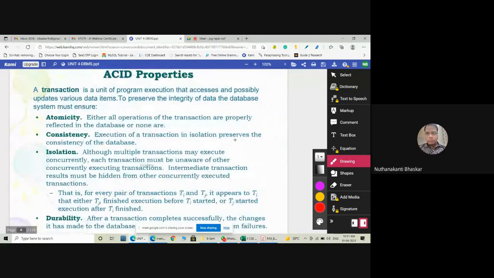Now coming to ACID properties. Already we are aware, we discussed them in the differences between file management system and the database management system. That is ACID properties. They are very important. I told you earlier, I think in the first unit, ACID properties: atomicity, consistency, isolation, durability.